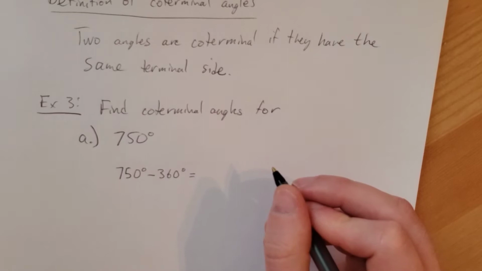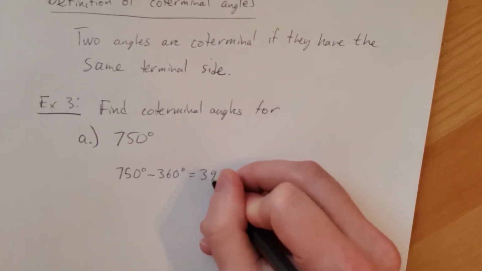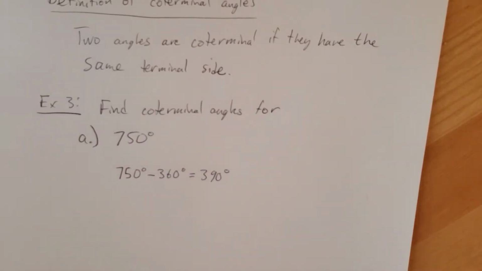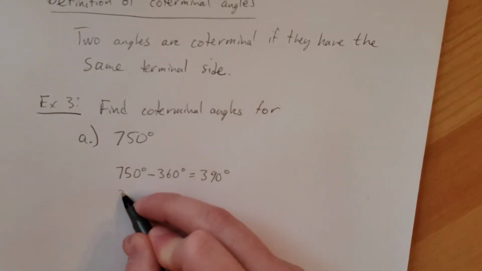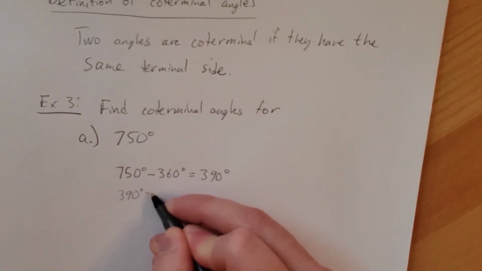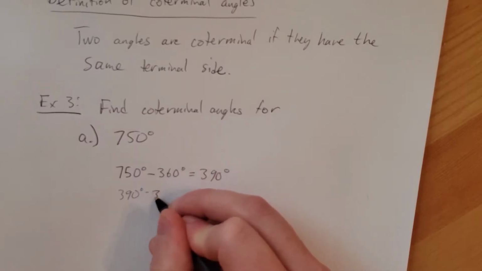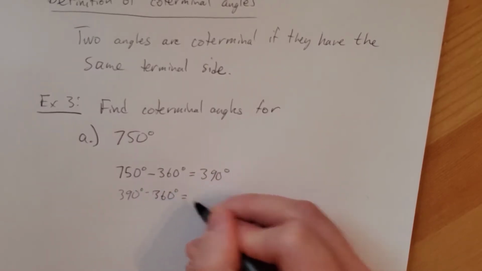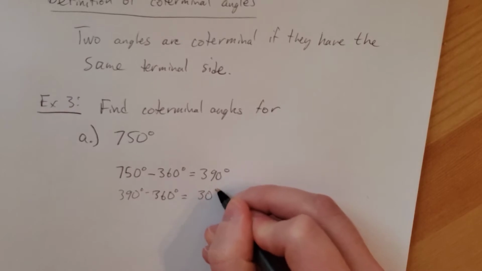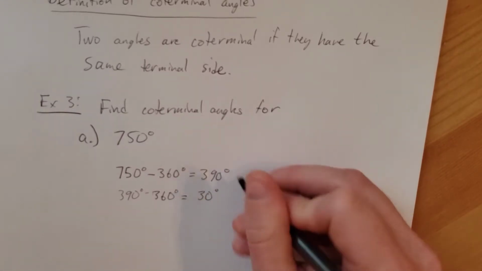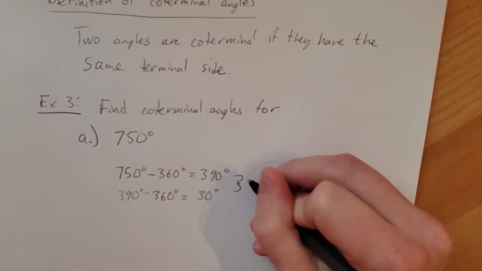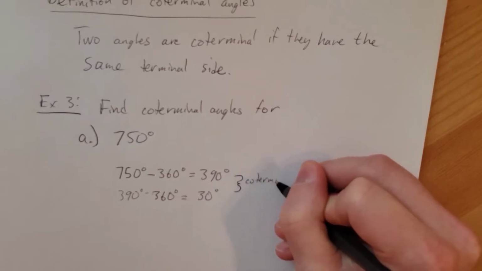This is equal to 390 degrees. Then if we take 390 degrees and we subtract 360 again, then we get 30 degrees. So these two angles are coterminal.